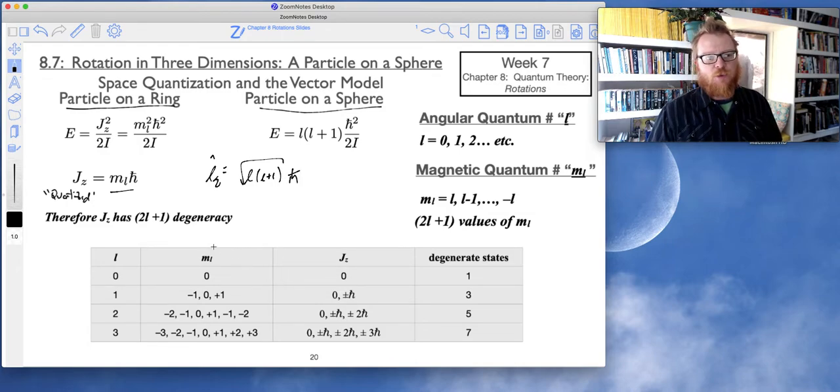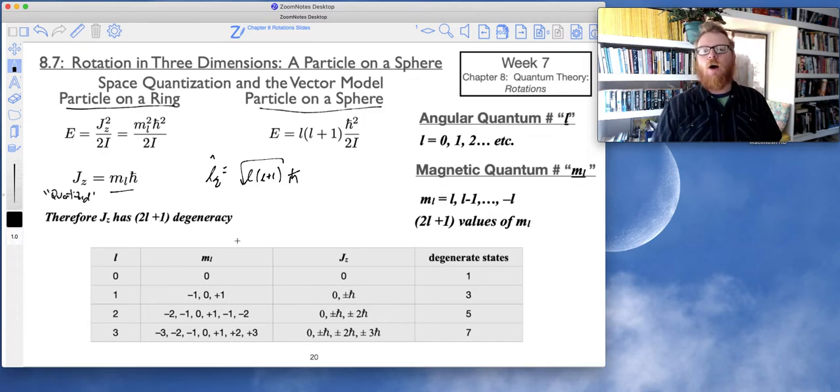Okay? So that comes from substituting the fact that we've got this mlh bar, ml squared h bar squared, and L times L plus 1 h bar squared. So here we're going to see this mlh bar is our projected Z length, and this root L times L plus 1 h bar is our total magnitude.